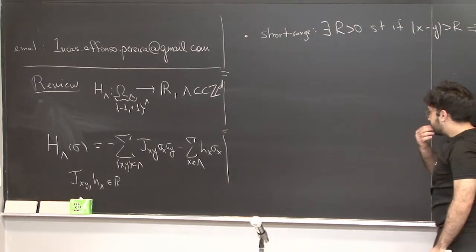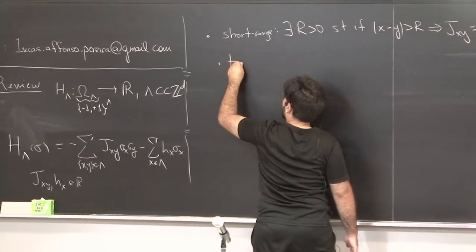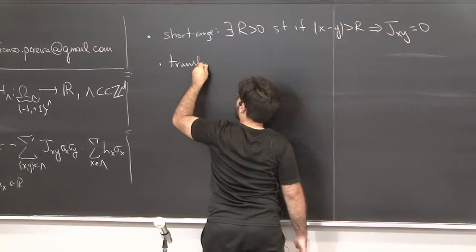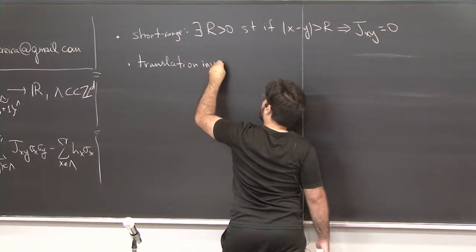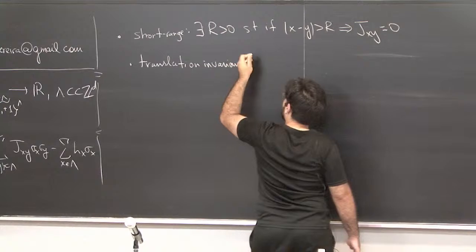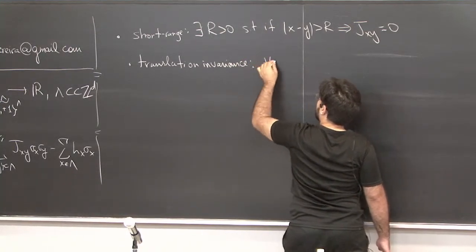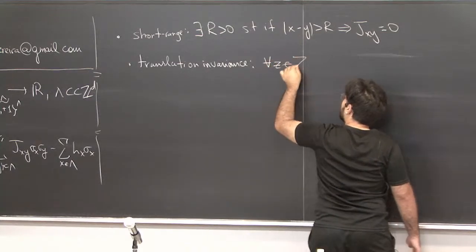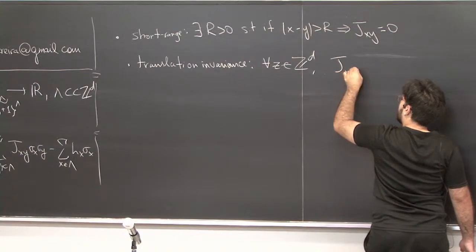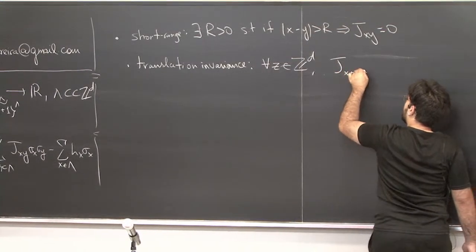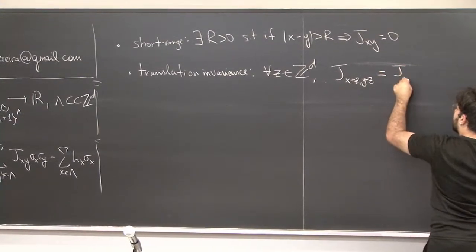We also asked for translation invariance. And this means that for any z in Z^d, the coupling constant J_{x+z,y+z} is equal to J_xy.